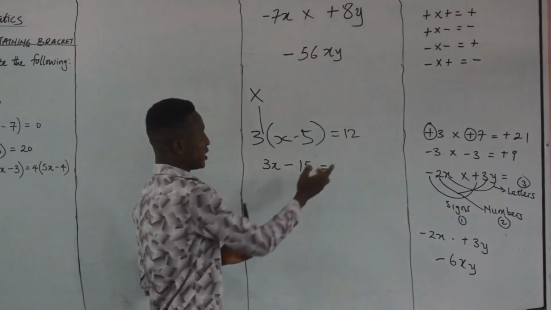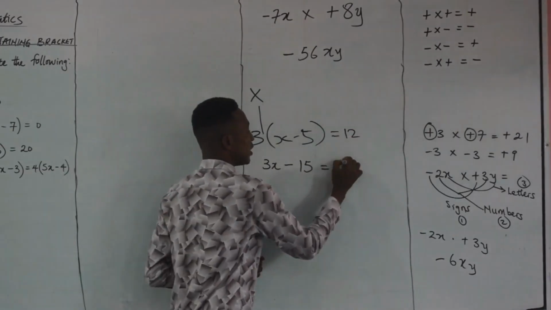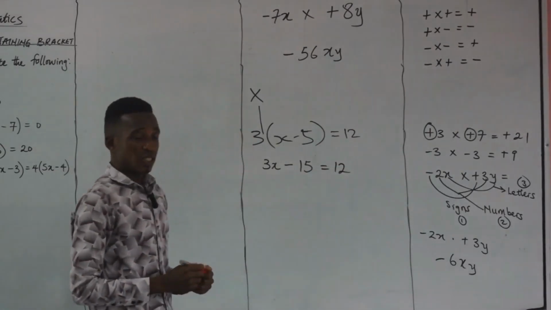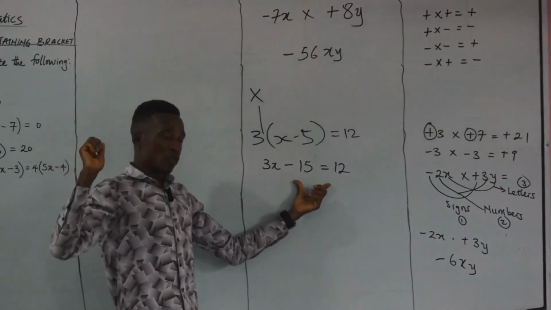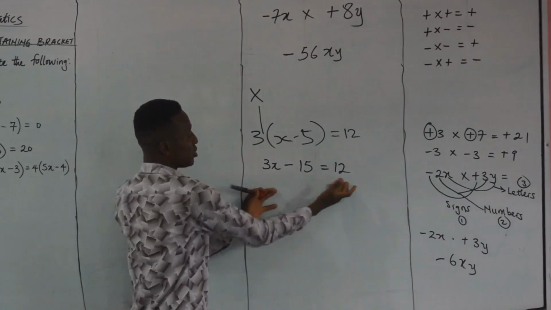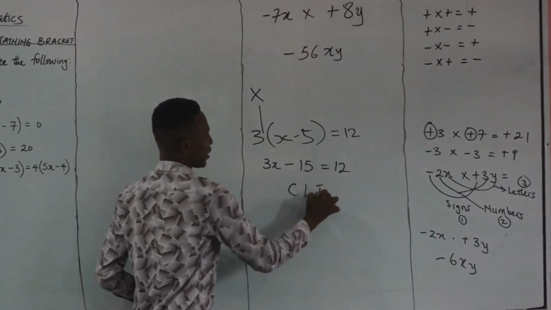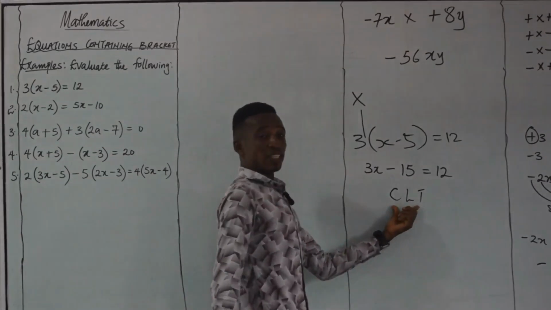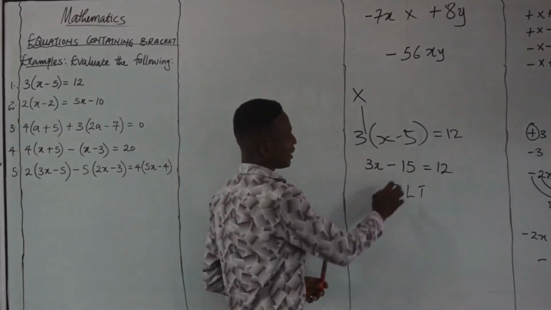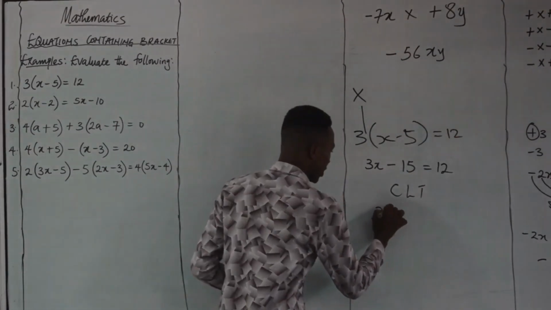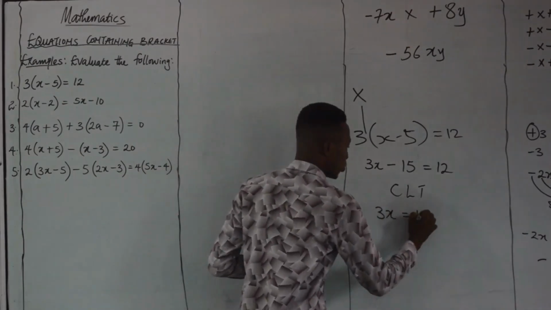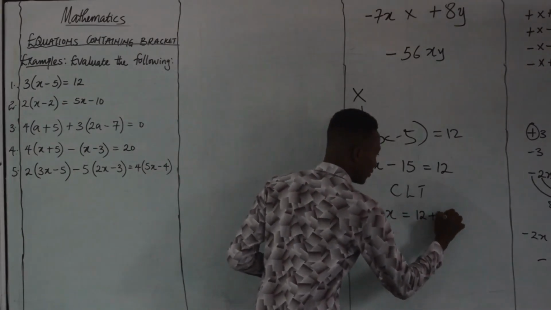The next thing we need to do is take this right hand side, or the RHS. Now this has been reduced to what we did in our last class. What we just need to do here is collect our like terms. When you collect the like terms, minus 15 crosses to the other side, that becomes plus. So we have 3x equals 12 plus 15.